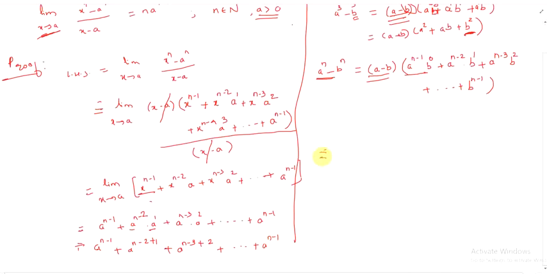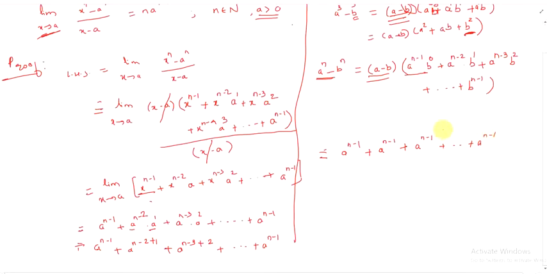So let us see here, we can write the terms. The first term is a raised to n minus 1, plus the second term, plus 1 minus 2 becomes minus 1, plus a raised to n minus 3 plus 2, again minus 1, plus so on, a raised to n minus 1.